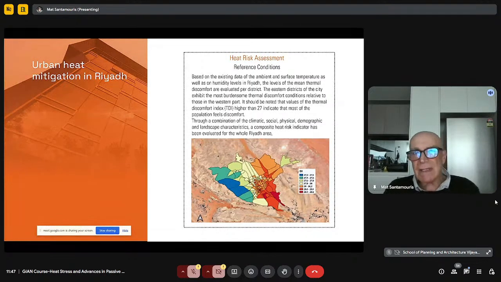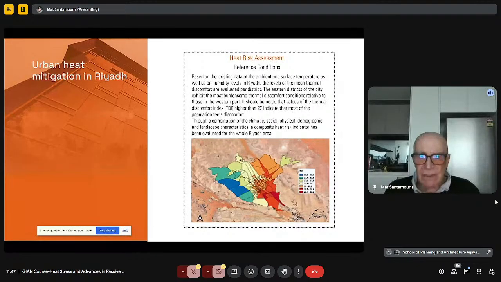So based on the existing data we had about the ambient and surface temperature, humidity, wind speed, etc., we calculated the levels of thermal discomfort per district. You see in the graph the levels of thermal discomfort per district.